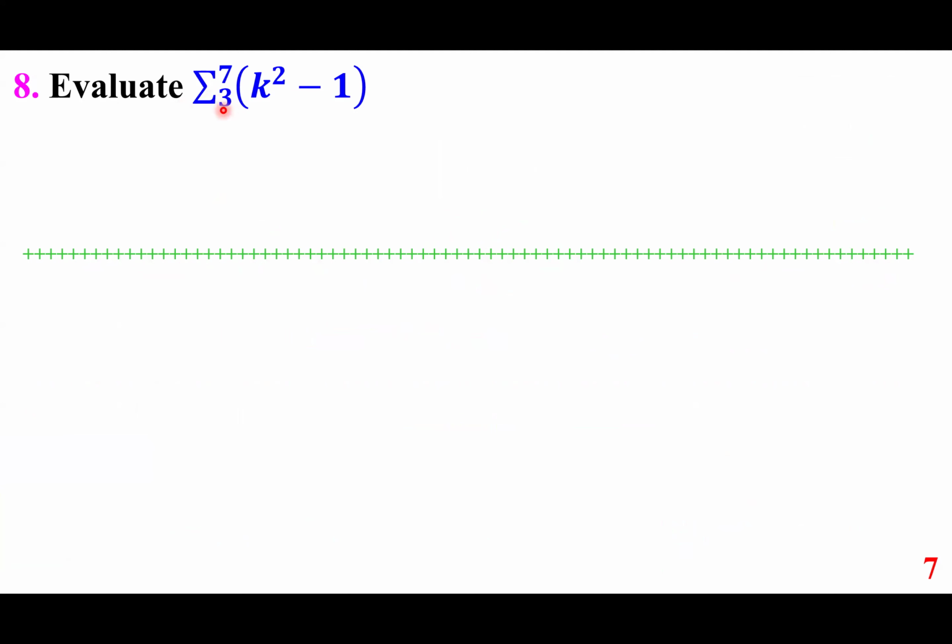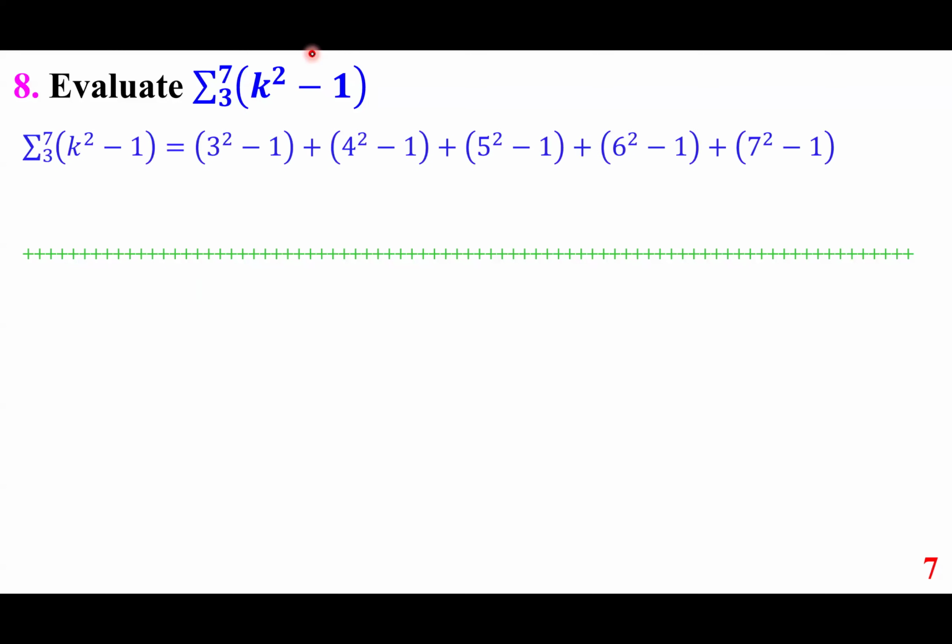Evaluate summation of k squared minus 1 from 3 to 7. Simply put, it means plug in 3. That means 3 squared minus 1, plus plug in 4, plug in 5, plug in 6, plug in 7, square it, minus 1, adding. That's the meaning of it.